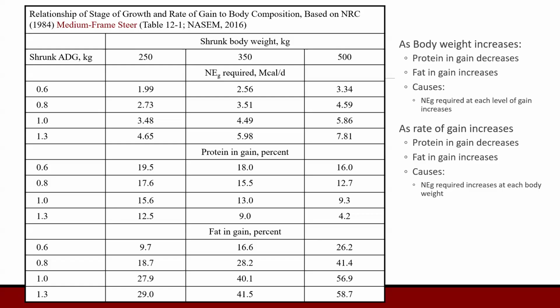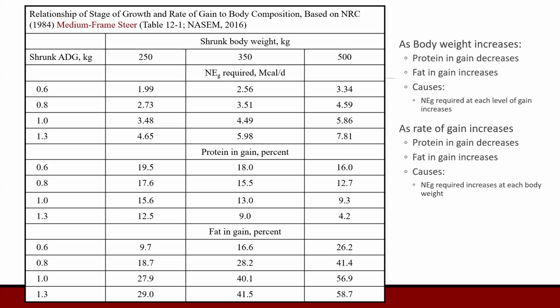As a rule of thumb, it takes 5 times the amount of ME intake, metabolizable energy intake, to deposit 1 pound of fat than it does 1 pound of lean tissue. Okay? Make sense? Okay. So, as rate of gain increases, even within that same animal, that rate of gain is increasing because they have more energy intake, right?